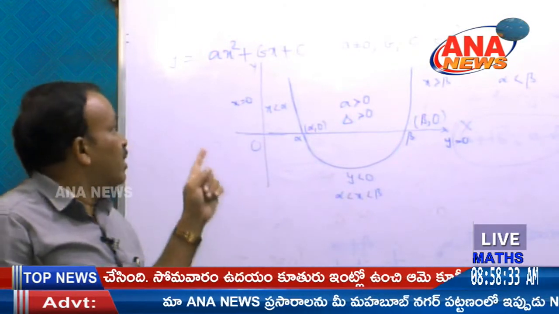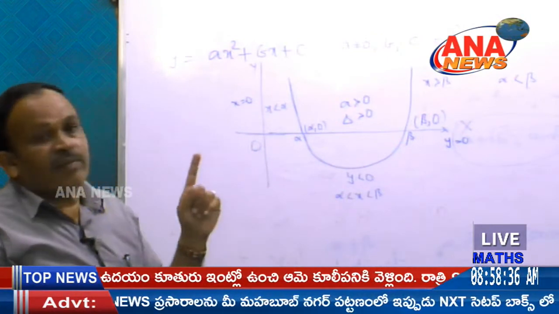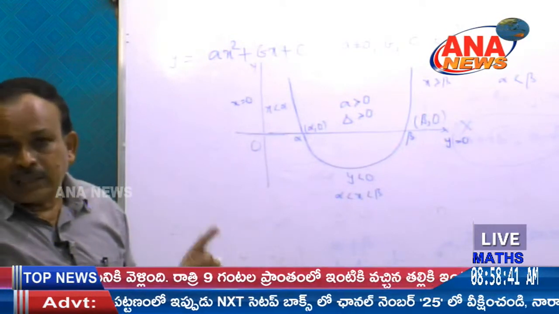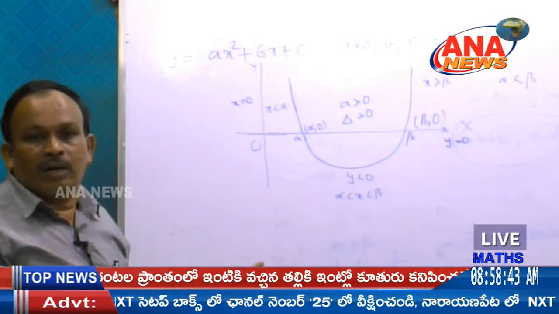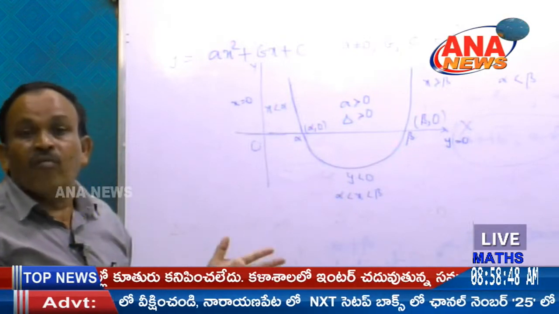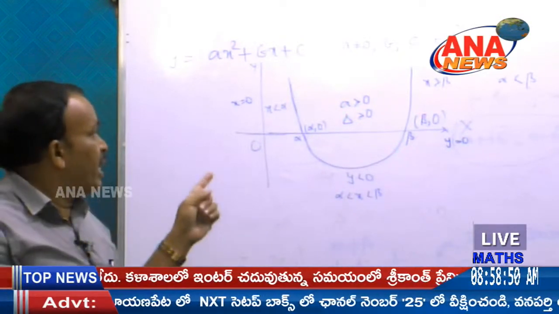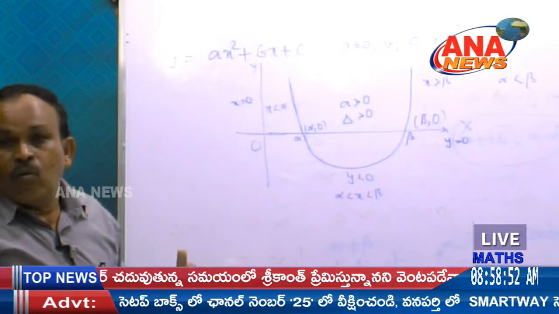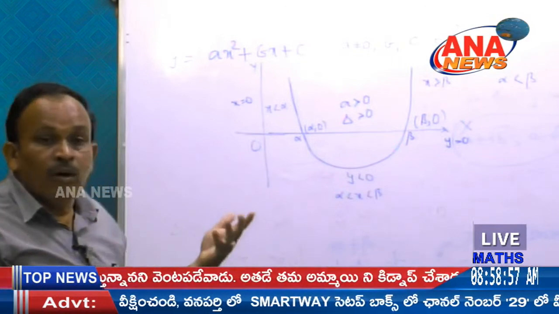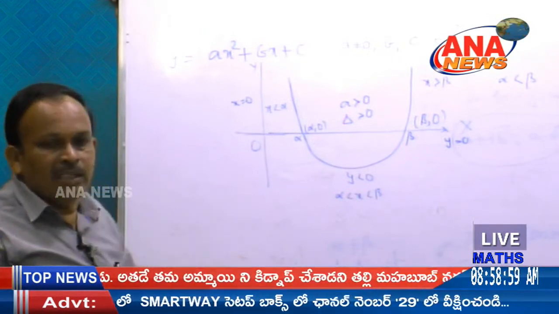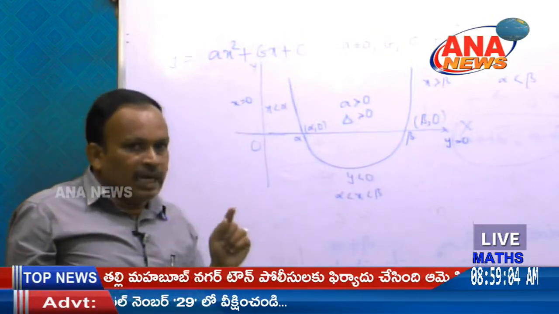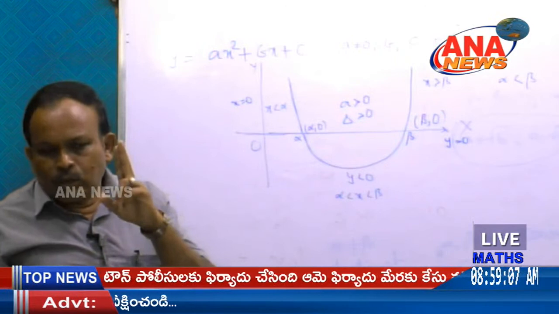Clear? What is that? Y is equal to ax square plus bx plus c. This is an expression that represents a parabola, either open to above or open to below. If a greater than 0, it is open to above. If delta greater than 0, if the discriminant is also positive, that curve intersects the x-axis at 2 points.